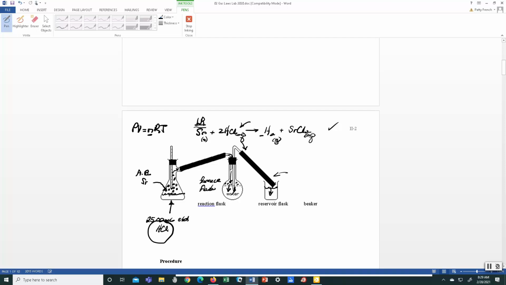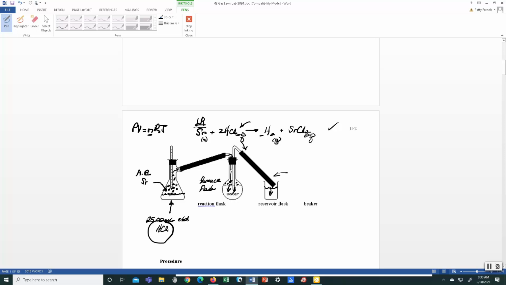this reservoir flask. So to run it through again, you're going to have excess acid, known amount, known number of moles. You're going to add a known number of moles of strontium, or in your case, magnesium or calcium. The gas generated is going to go through this tube and into the Florence flask, where it's going to exert a pressure on the water.